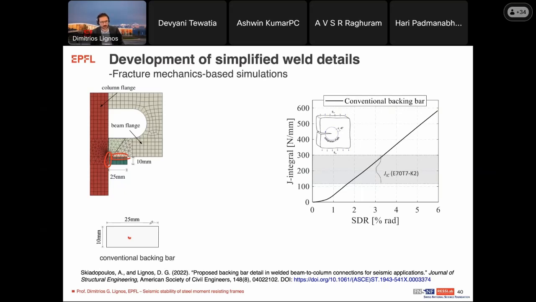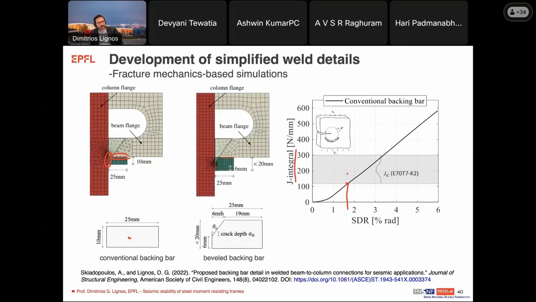Here you see an example where we look at one fracture metric, which is the J integral. We see here under monotonic loading that once we have a conventional backing bar and we leave it in place, once the joint reaches about 1.5 to 2%, the J integral will match the capacity of the weld, and then obviously at this point we anticipate to have fracture.